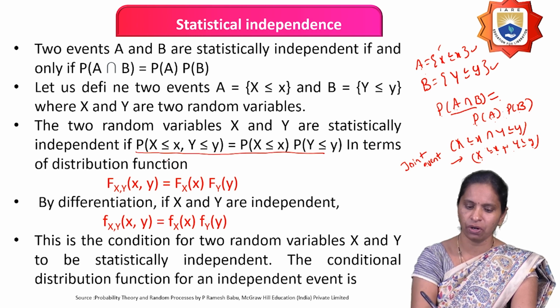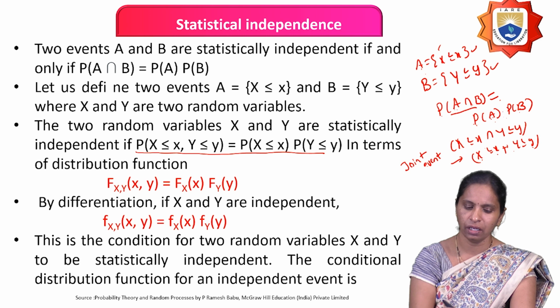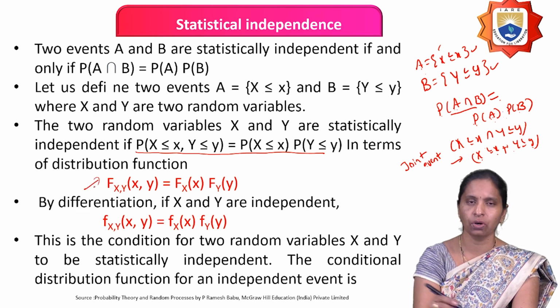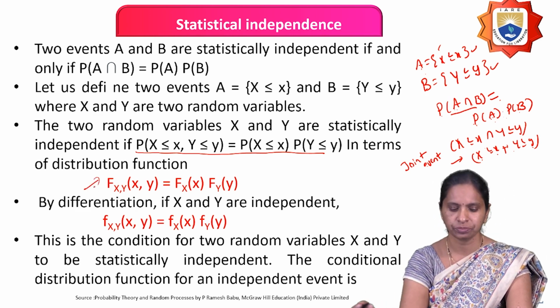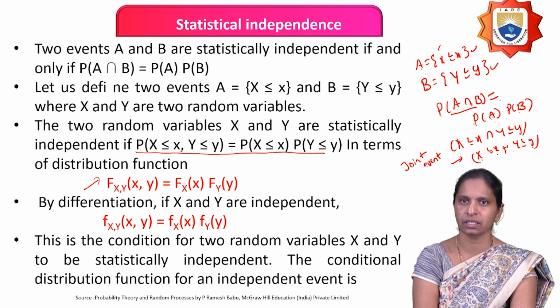Now, the probability of X less than or equal to x and Y less than or equal to y is called the joint distribution function.